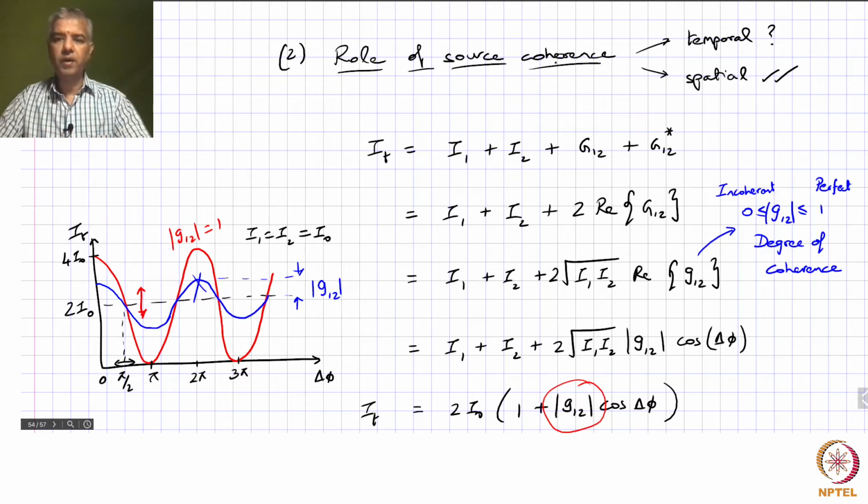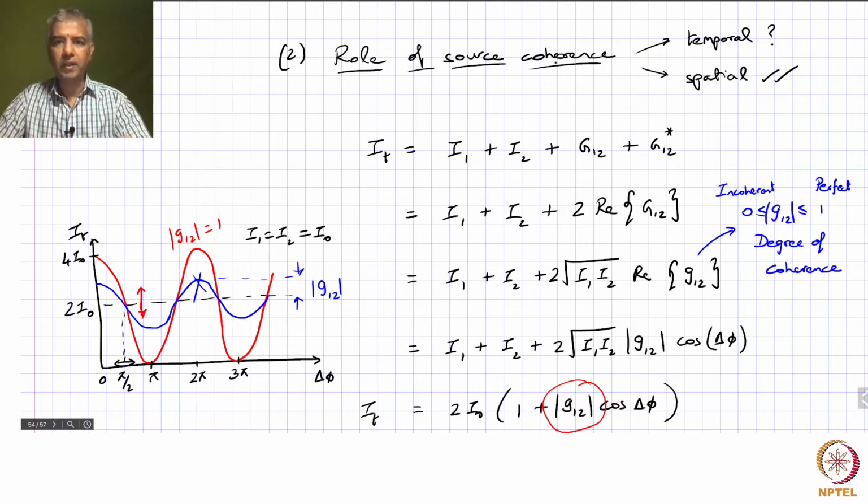And then we were able to get an expression of the interference, the total intensity, in terms of the degree of coherence. So we said the magnitude of G12 determines the visibility of the fringes that you will get as you change your path length delay or your phase difference between the two arms.